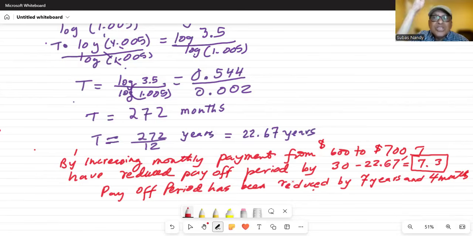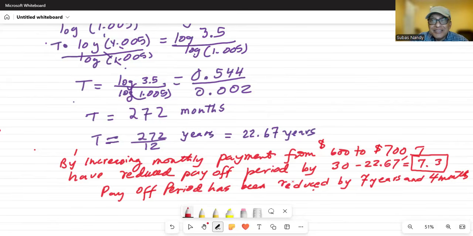Here you got it? Point to note, increase monthly payment, reduce your total time of payoff, or you reduce your payoff period by more than 7 years just by increasing monthly payment by only $100. You have to keep doing it and you'll pay off your loan much earlier.